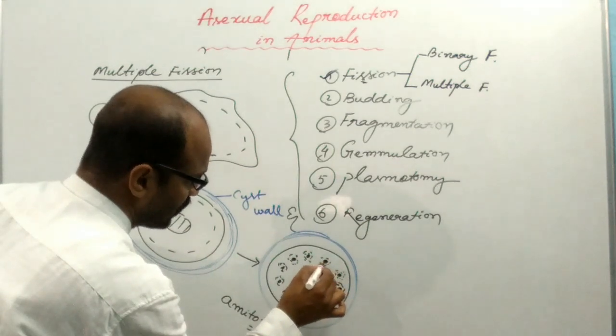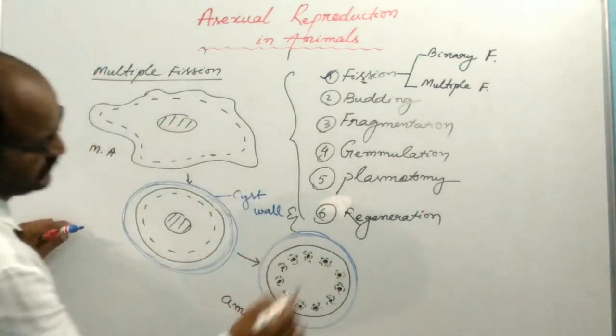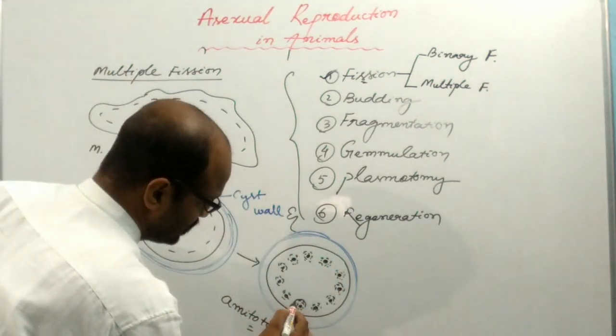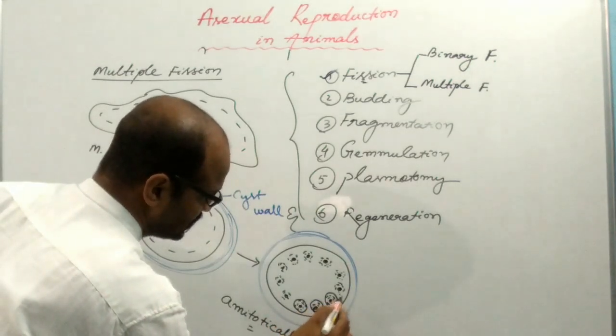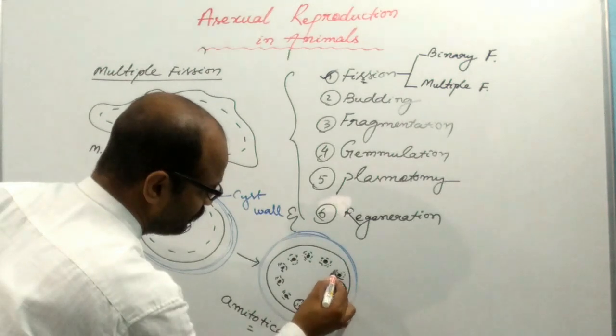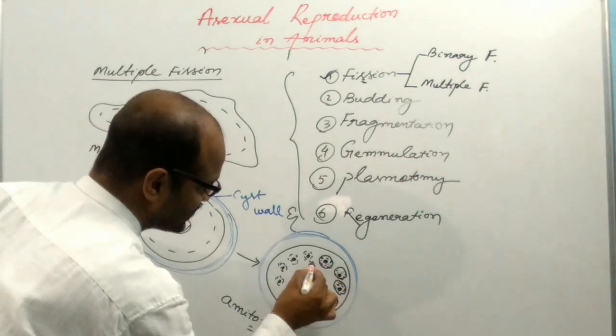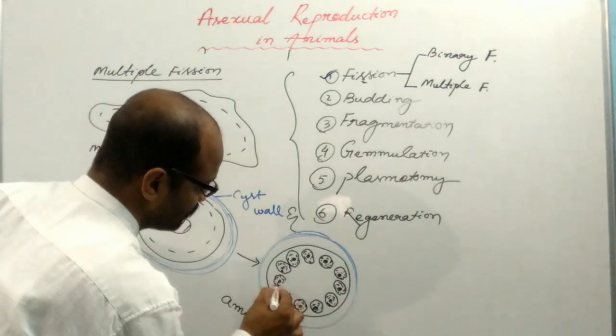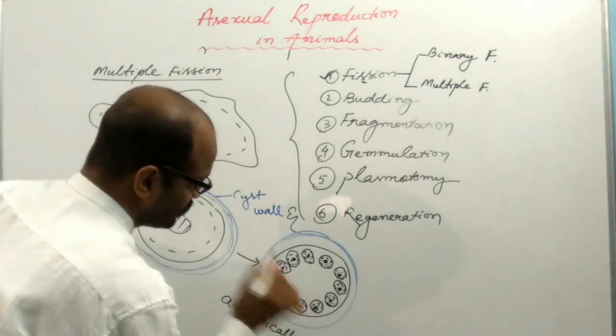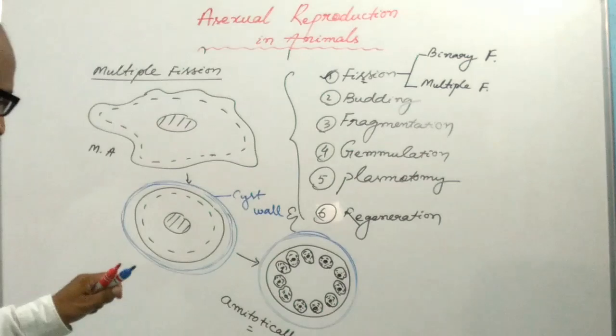The bit of cytoplasm is present around the nucleus, and the development of plasma membrane takes place. This is cytokinesis.